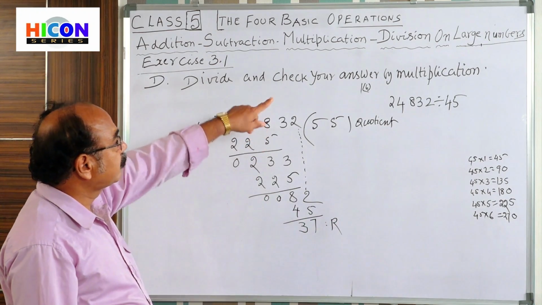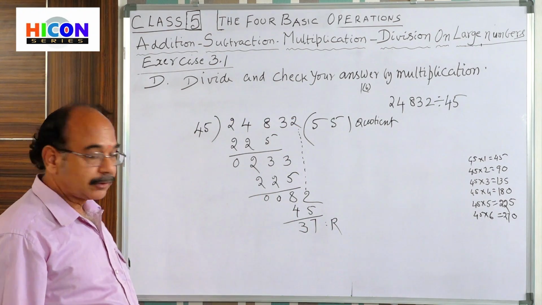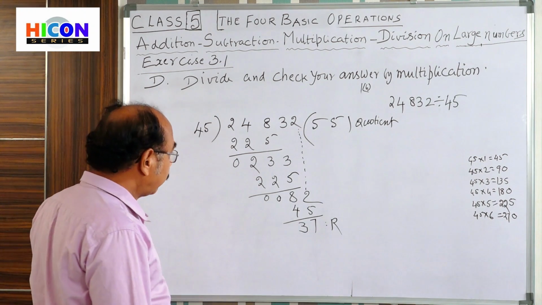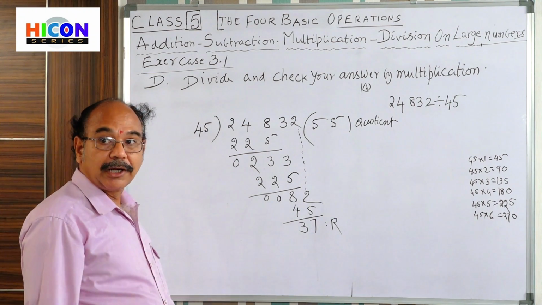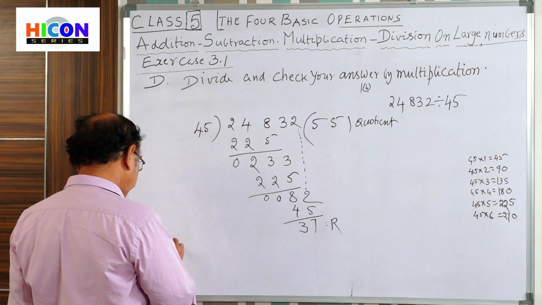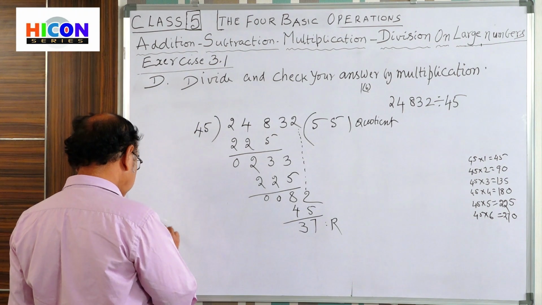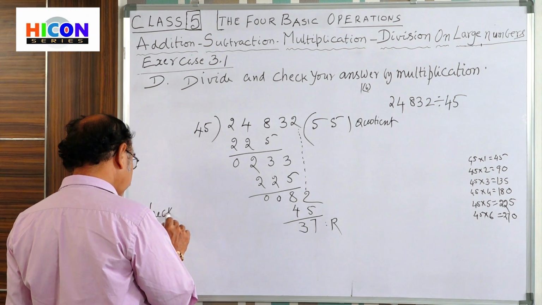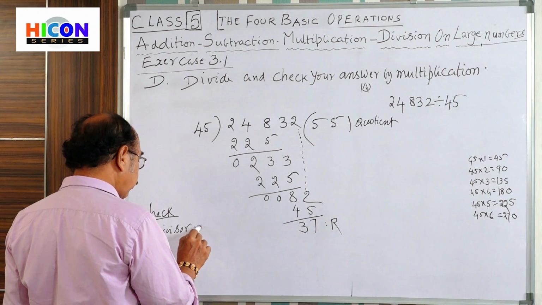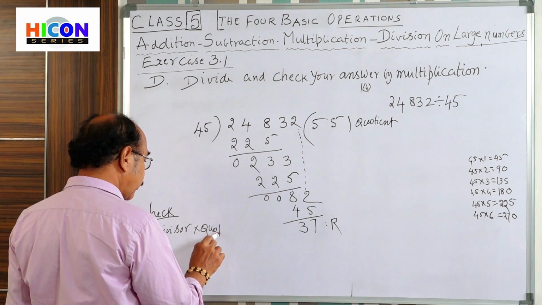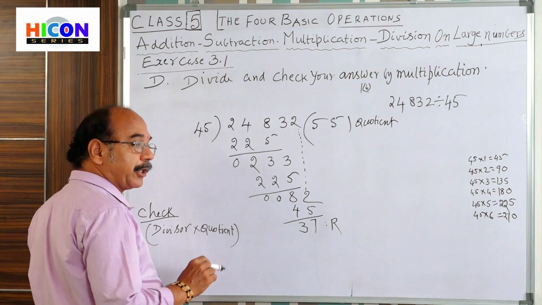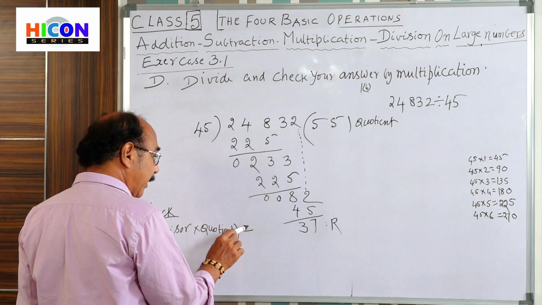Now check your answer by multiplication. To check your answer, you multiply the divisor and quotient. After that, add the remainder.